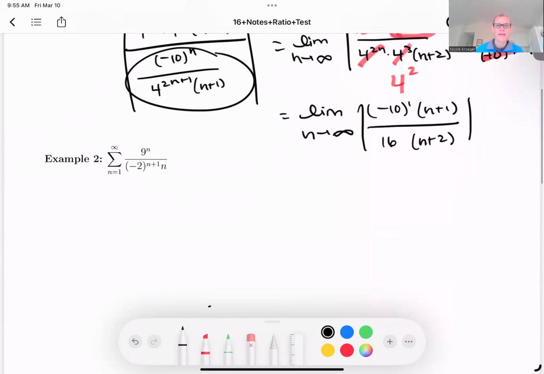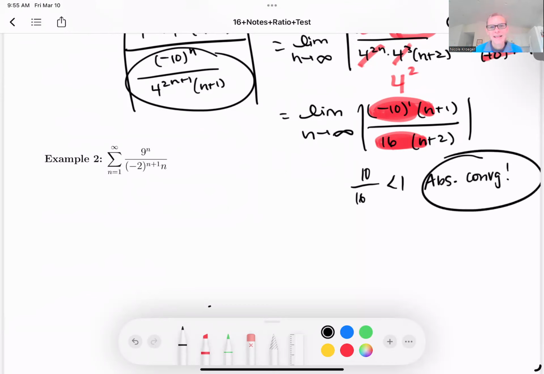So now notice that we have a polynomial over a polynomial. We're just going to take the highest power. So that's the n. The n's being multiplied by a negative 10, and this n's being multiplied by a 16. So if we simplify that, we just get negative 10 over 16, but the absolute values make it positive. So we get 10 over 16, which is less than 1. So this series is absolutely convergent.